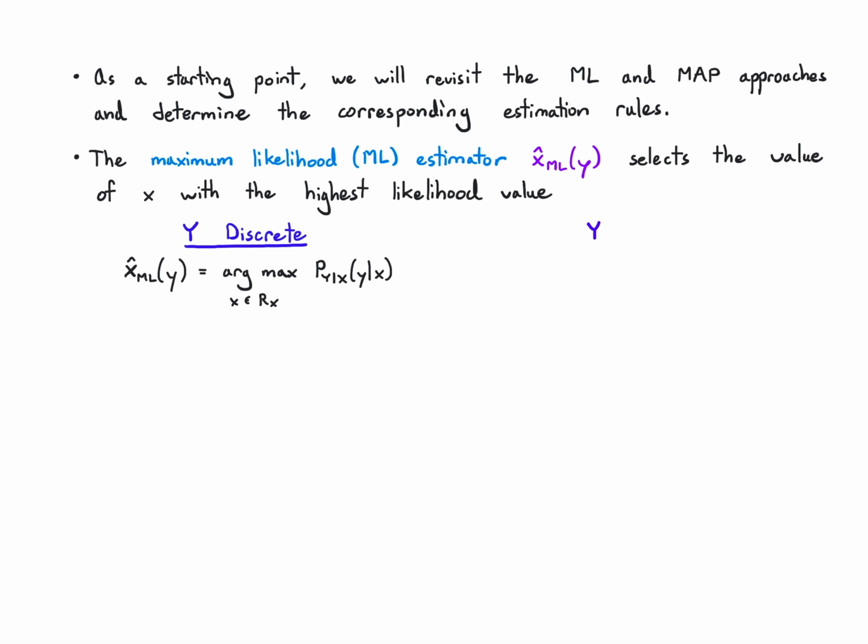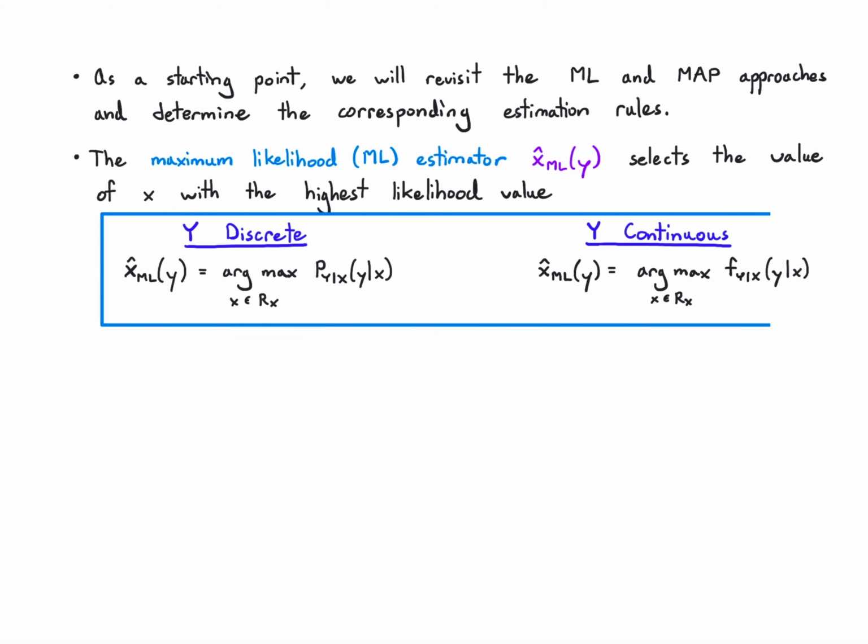So you wander around the range of x, and you try to find the x that gives you the highest value of this conditional PMF once you've plugged in y. And that's going to be your x hat. In the continuous case, you're going to do the same thing, except you're just going to wander around plugging into the conditional PDF. So that's your ML estimator.